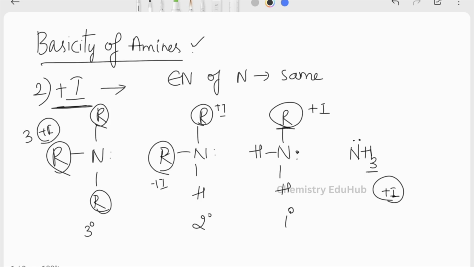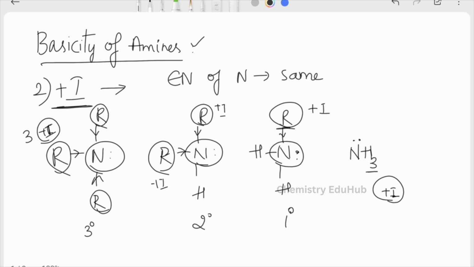Now what is the importance of a plus-I group? It adds electrons onto the nitrogen. When more electrons are added onto the nitrogen, definitely the electron density on nitrogen is going to increase and the basicity is going to increase.